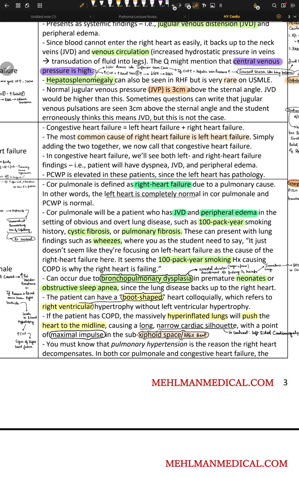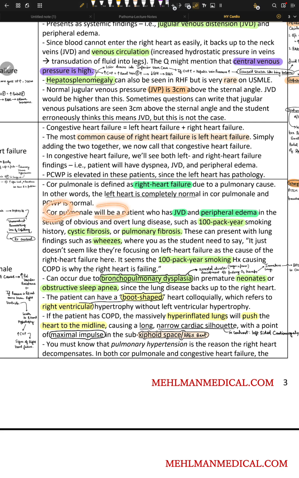Now in this disease, the left heart is completely normal while the right heart is failing to pump the blood inside the lungs. Once the right heart is failing, the blood will push back inside the right heart, and then it will increase the pressure in the right heart, right? Once the pressure in the right heart increases, we will have JVD, jugular vein distension.